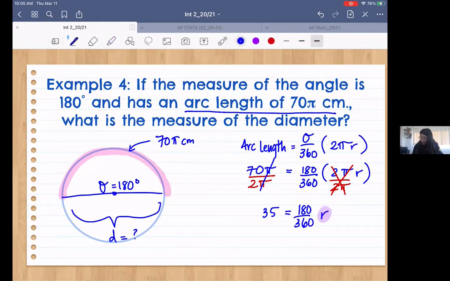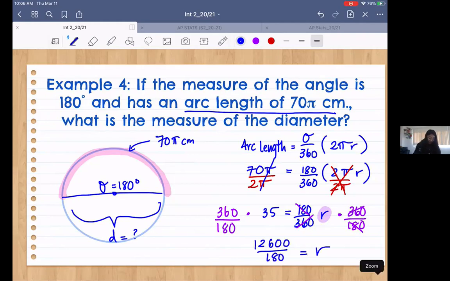Therefore, our last step is to multiply by the reciprocal of our fraction. So that can cancel and that can cancel. And then multiply that on the same side on the other side. And then I'm going to multiply that out. So if I multiply the top portion out, I get 12,600 and divide that by 180 to give me my r value.